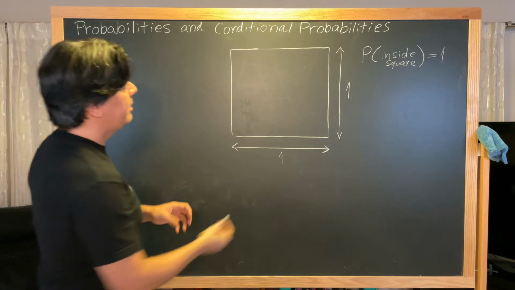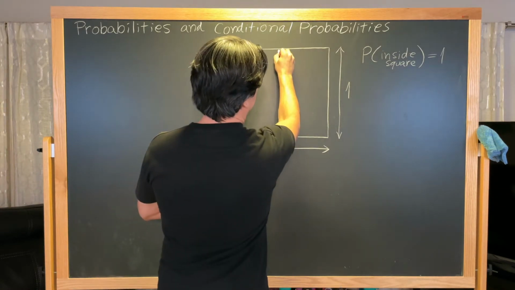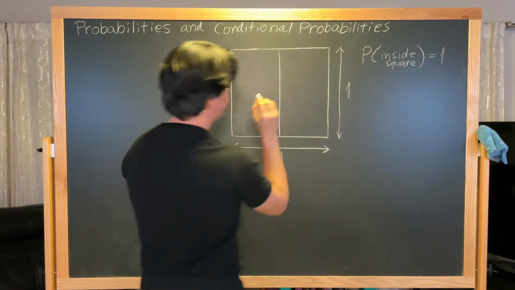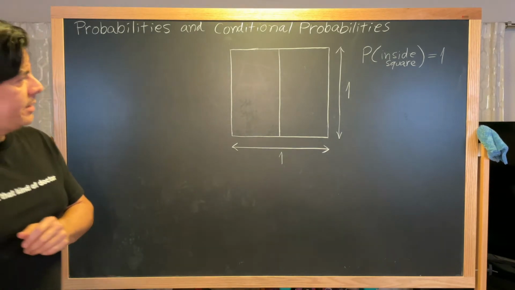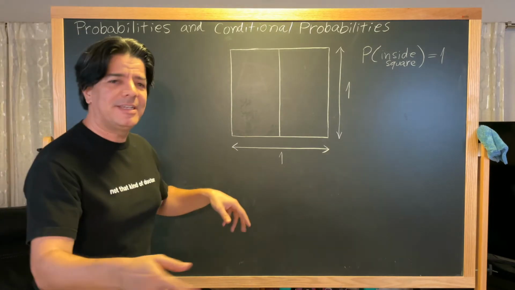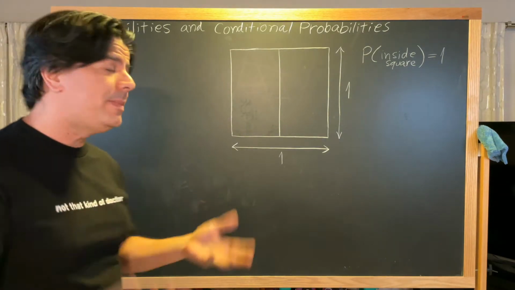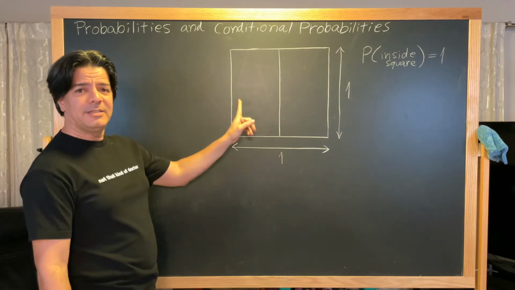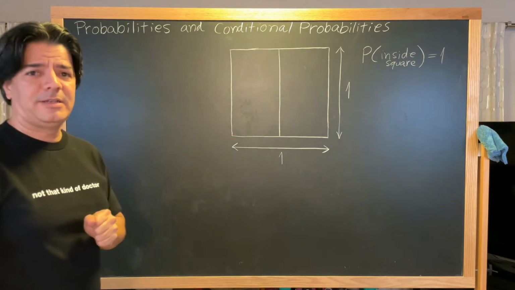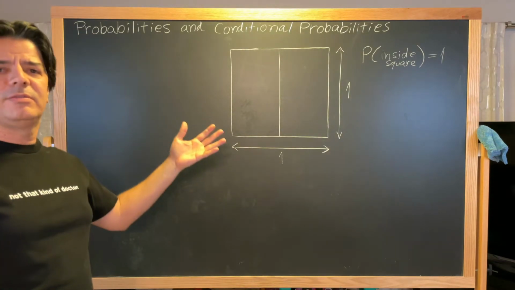Now imagine that I take this and divide it precisely in the middle. I don't know if that's precisely in the middle, but let's say it is. And then I push the button again and I ask you, what is the chance or the probability that the dart hit on the left side of the square, to the left of this middle line? You say, well, it's 1/2, right?